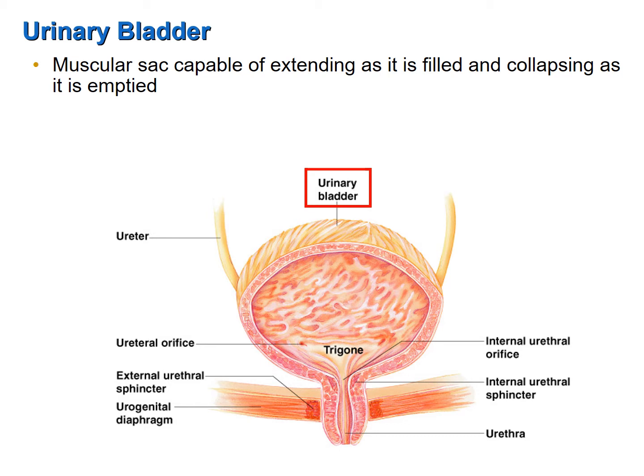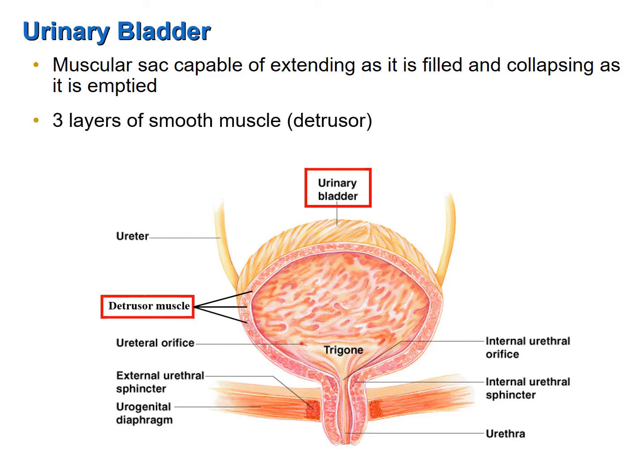The urinary bladder is basically a muscular sac which is capable of extending or stretching as it is filled and then collapsing as it is emptied. The wall of the urinary bladder contains 3 layers of smooth muscle, and lining the urinary bladder is transitional epithelial tissue.